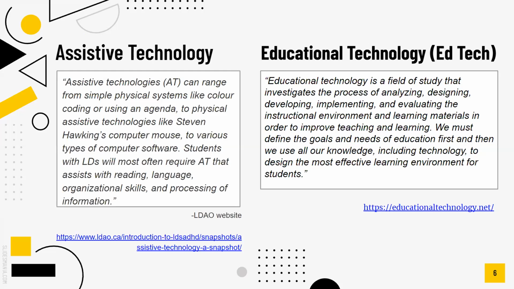We must define the goals and needs of education first, and then we use all of our knowledge, including technology, to design the most effective learning environment for students. Through the use of both assistive technology and educational technology, we can create a very inclusive classroom, but neither of these will negate good pedagogical practice and teaching.